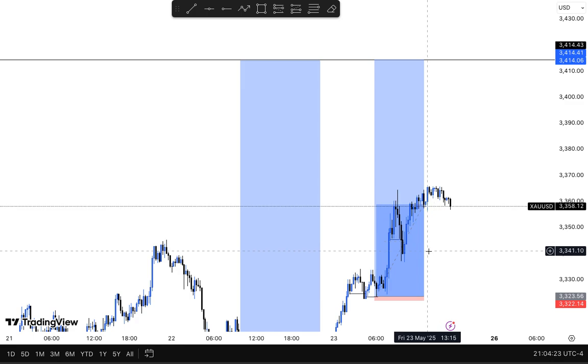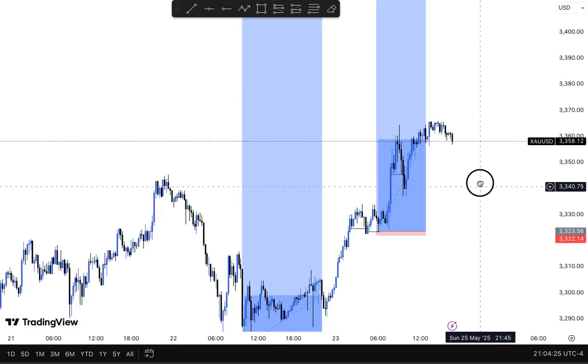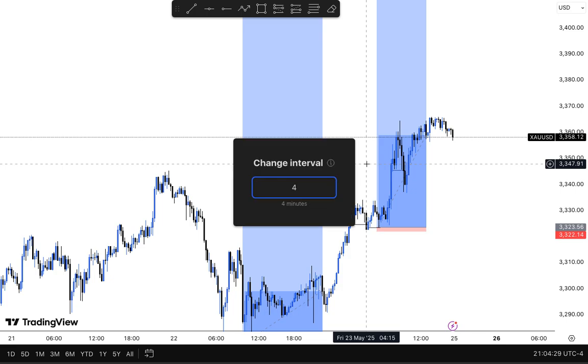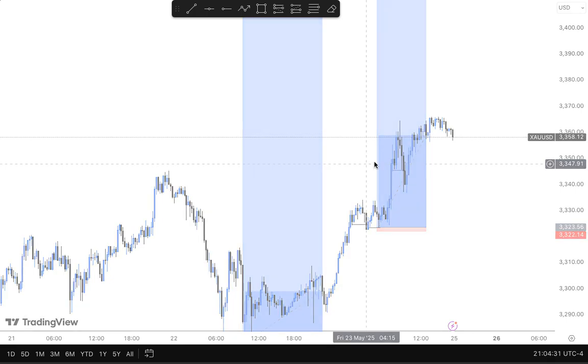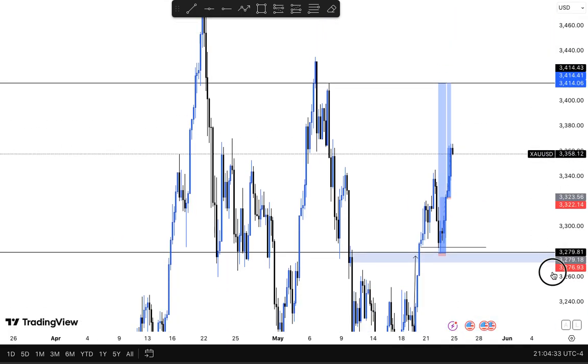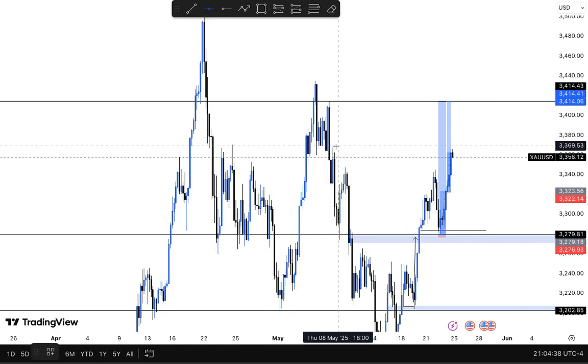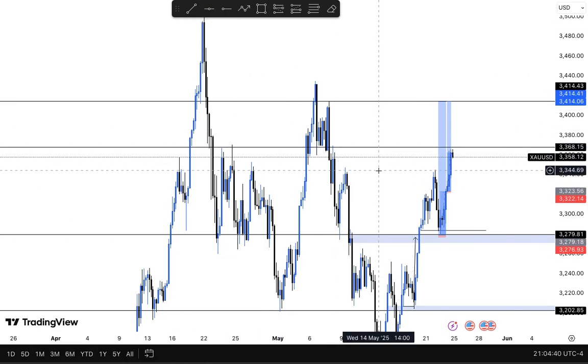Or, if you think that the trade could reverse, you might switch to the 4 hour time frame. Then you could set your TP somewhere here.